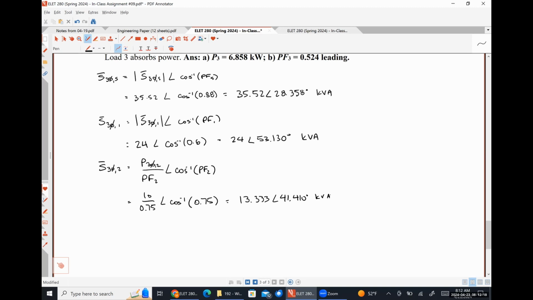So from here, I'm going to do exactly what Brock has suggested. I can say that the power of load 3 is simply the power supplied by our source minus the power absorbed by our loads.